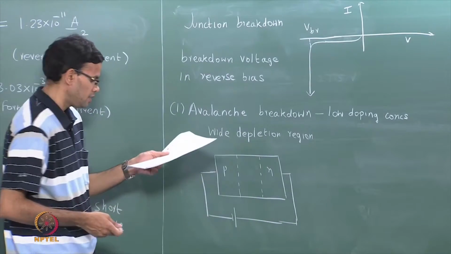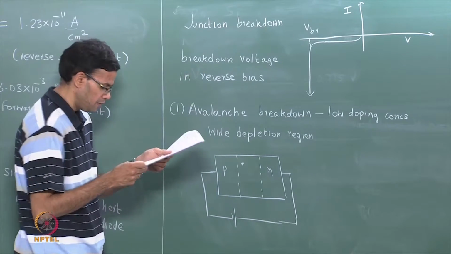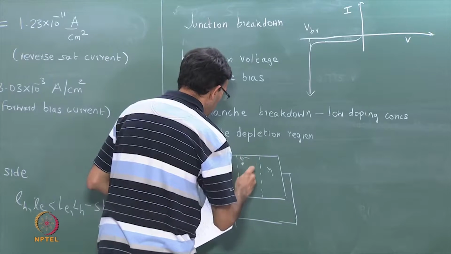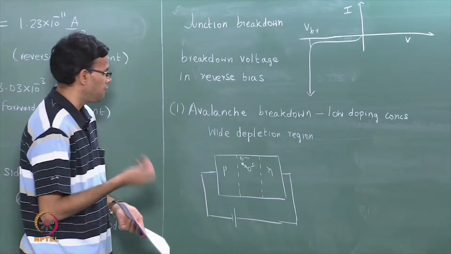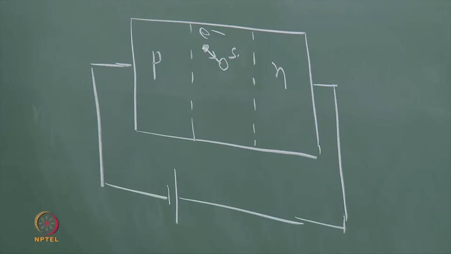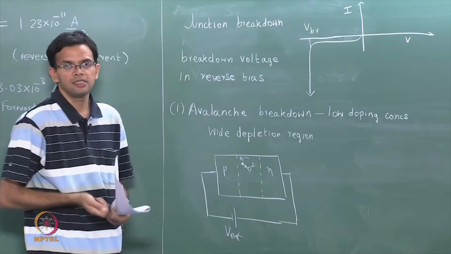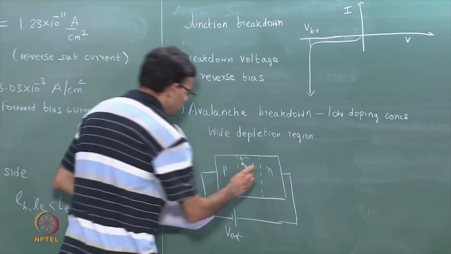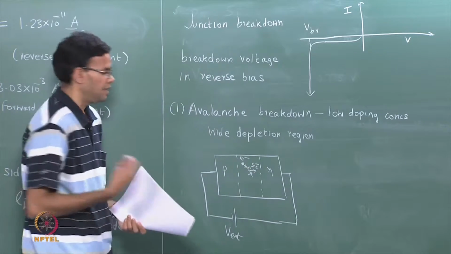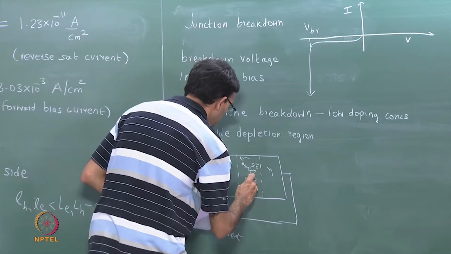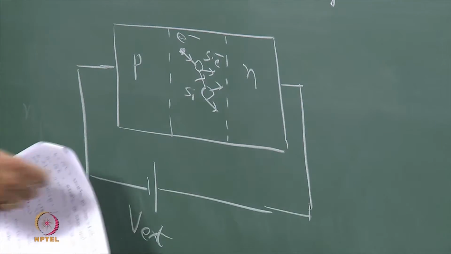So, in this particular case, an electron that is being accelerated by the field can essentially interact with a silicon atom, and because it has sufficiently high energy because of the large external potential that is applied, that electron can ionize the silicon atom and produce more electrons. This in turn can interact with another silicon atom, so that you have an avalanche of electrons that are produced.